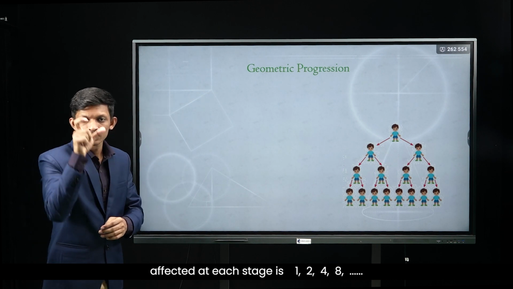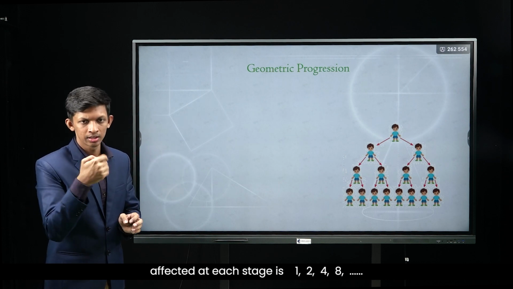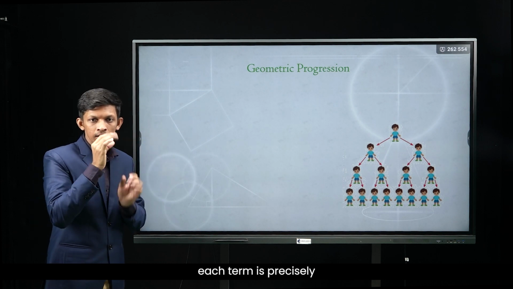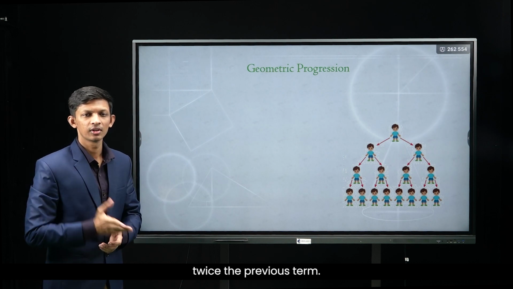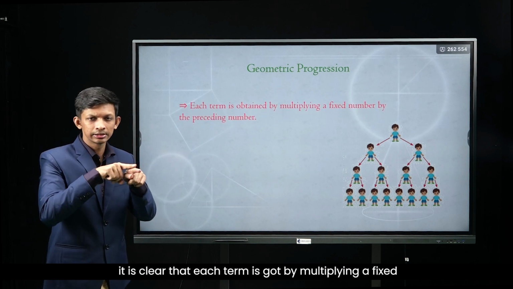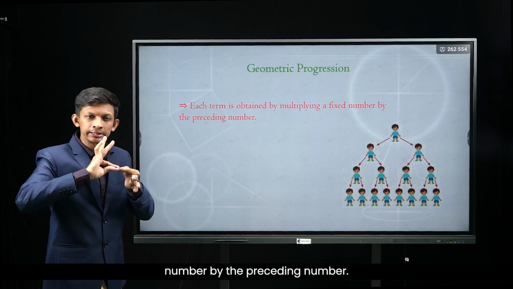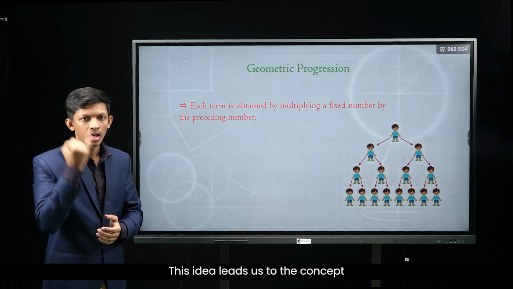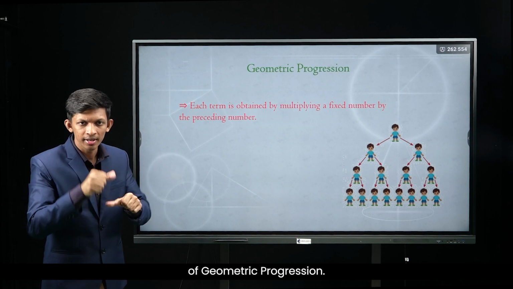Then the number of persons affected at each stage is 1, 2, 4, 8, and so on, where except for the first term, each term is precisely twice the previous term. From the above examples, it is clear that each term is got by multiplying a fixed number by the preceding number. This idea leads us to the concept of geometric progression.